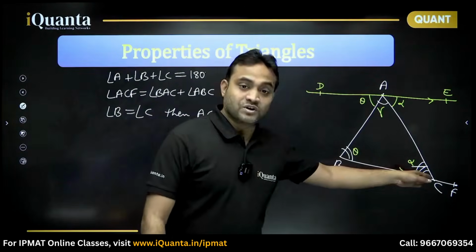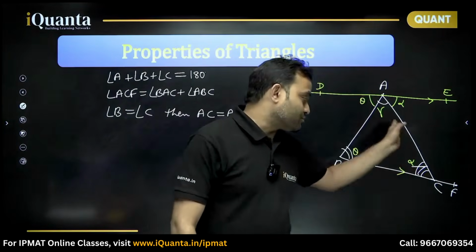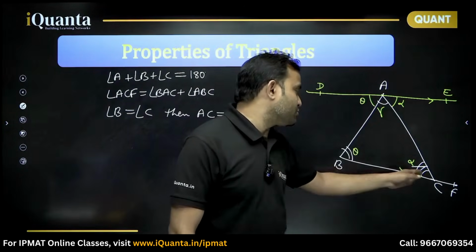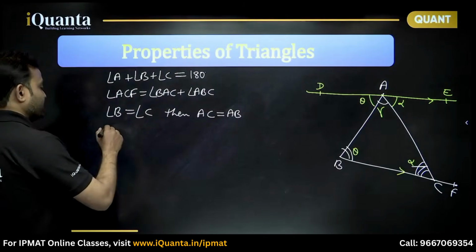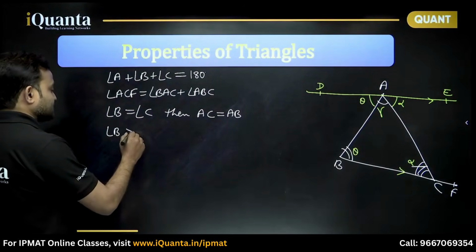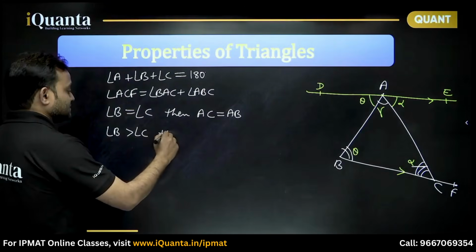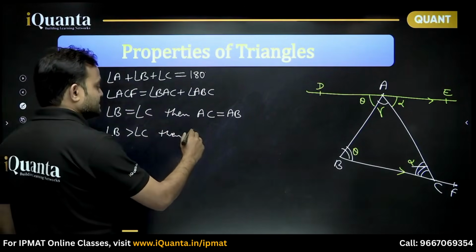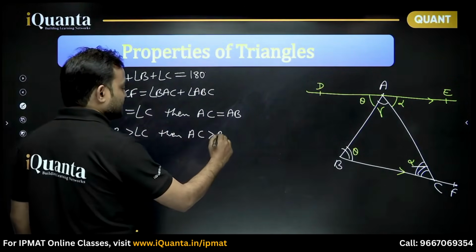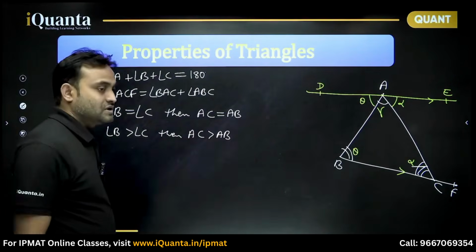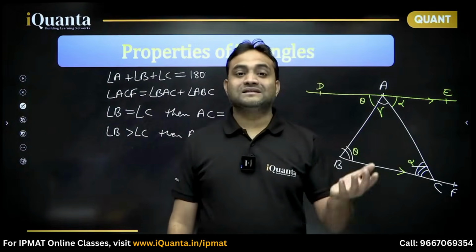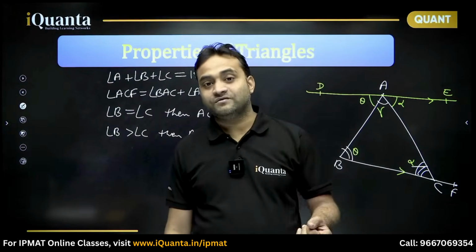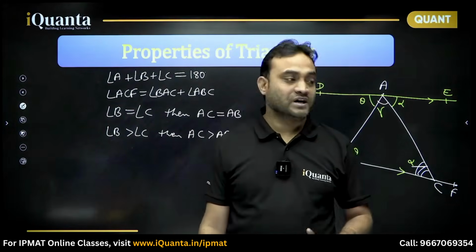Angle B is equal to angle C. So the side opposite to B is AC, the side opposite to C is AB. These two will be equal. But if angle B is greater than angle C, then we can say that AC will be greater than AB. If one angle is greater than the other angle, then the side opposite to the first angle will be greater than the side opposite to the second angle. All right.